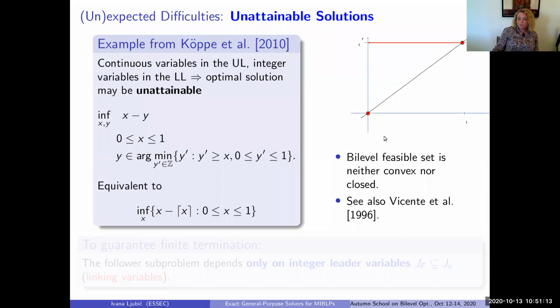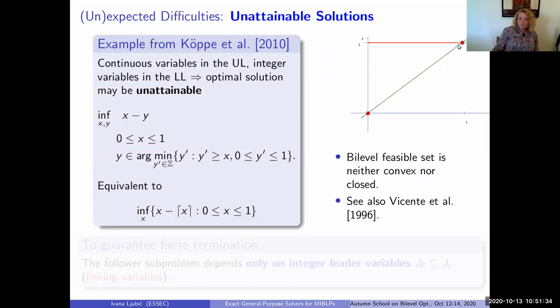When x is equal to 1, the optimal follower's response, y, is equal to 1. When x is 0.5, because y is greater or equal than x, the optimal follower's response is again 1.